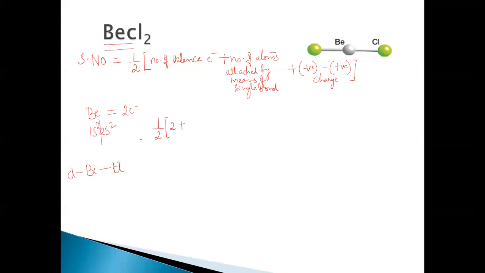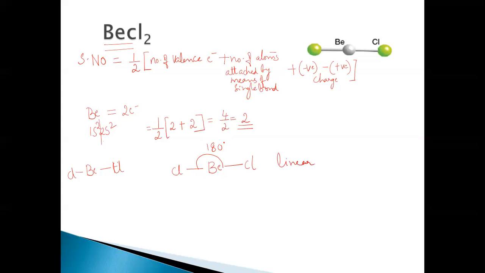That means the number of atoms attached by means of single bond is 2, and as there is no charge here, we just leave these 2, and this is 4 by 2, which is 2. If this number is 2, we can conclude that the shape of this molecule is linear here. So you can write it as linear, where the bond angle is 180 degrees.